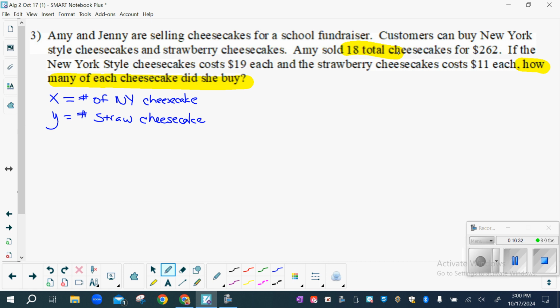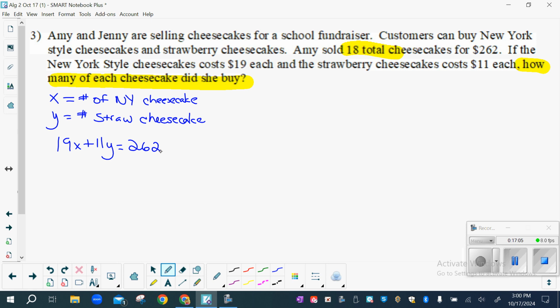It's different. 11y plus 19x. 19x plus 11y is 262. Yes. So that one's just like what we did on the last one.